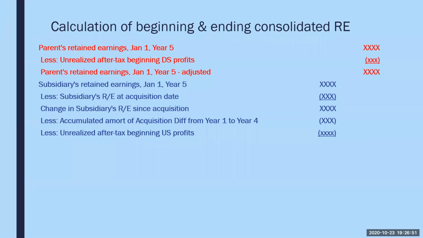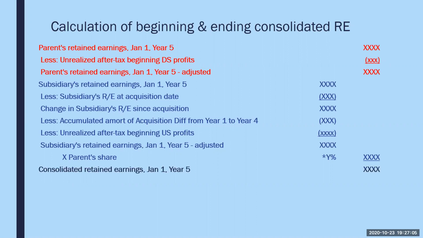So these two adjustments will give us the adjusted change in the subsidiaries' retained earnings. Multiply that by the parent company's share, and you get the amount that will be added to the parent's own adjusted retained earnings to give consolidated retained earnings at the beginning of year five.